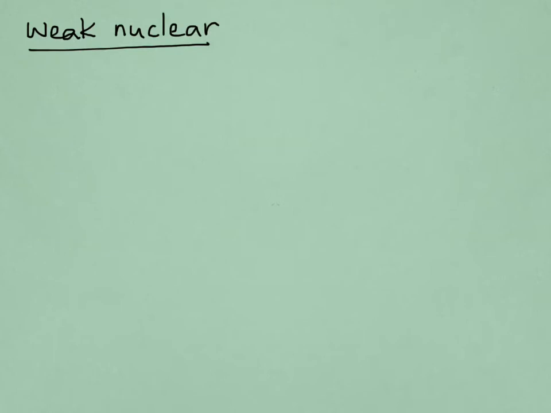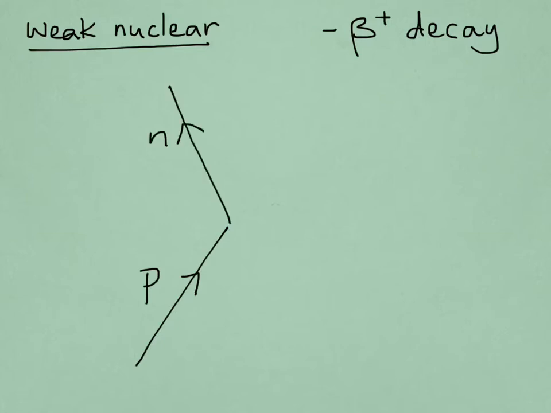Okay, another weak nuclear interaction is beta plus decay. This is where a proton in the nucleus turns into a neutron. So we've got a proton with a baryon number of 1 turns into a neutron, also with a baryon number of 1, so that's okay. But to do that, it's got to lose some charge. So it emits a W boson, and the proton's got to get rid of some positive charge in order to turn into a neutron.